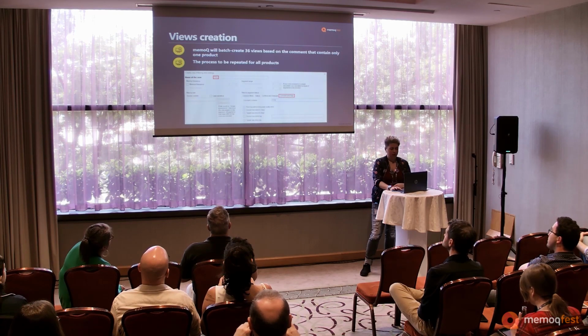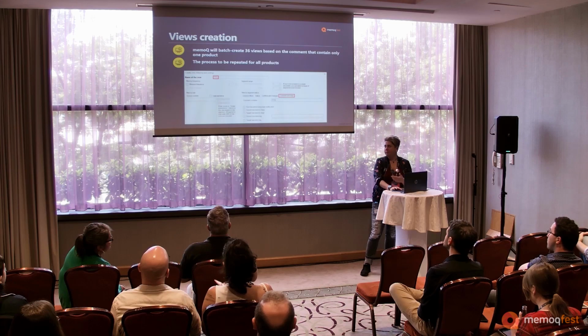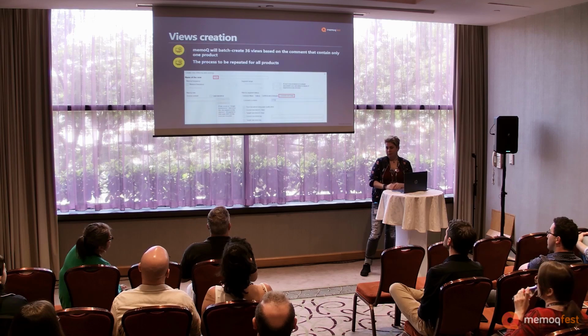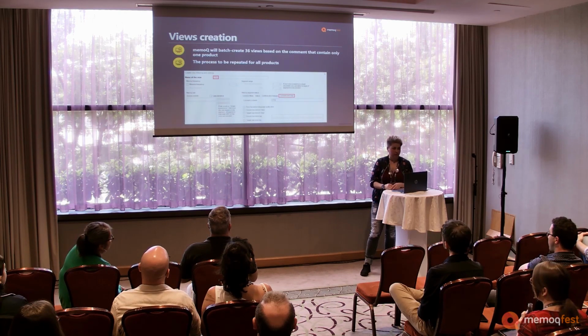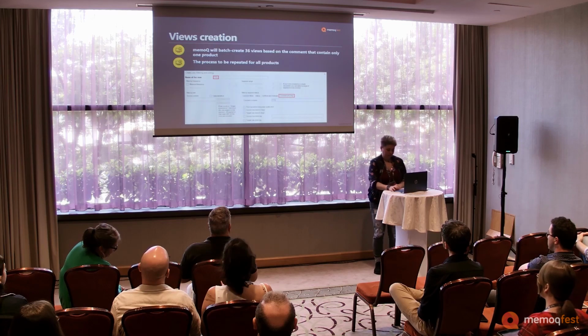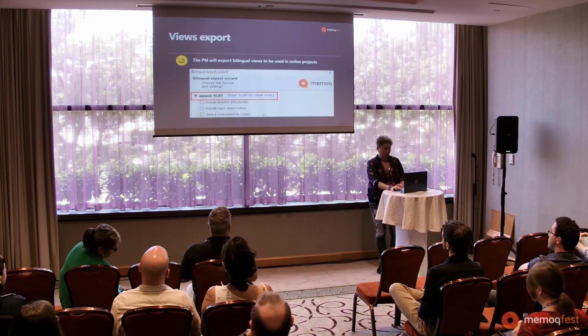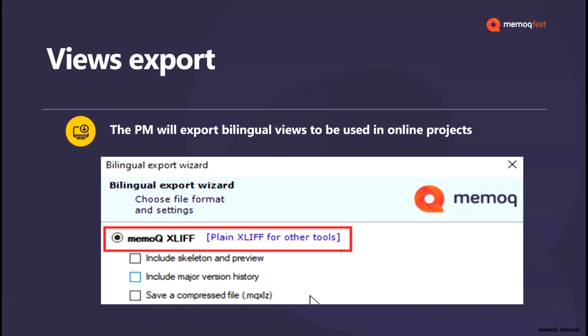And then you basically have a project with files that are separated by products, but which are views and which can be exported as bilingual files, which we will do. So they export them as plain XLIFF.